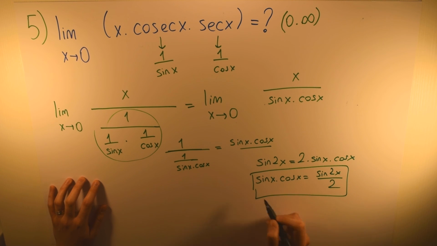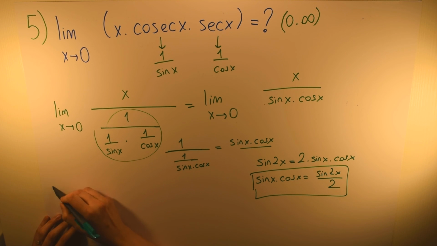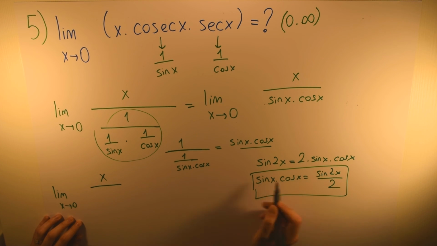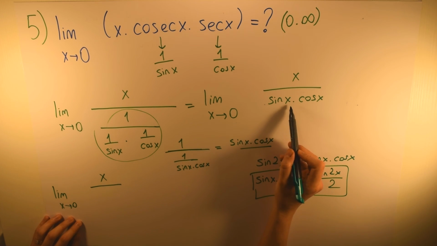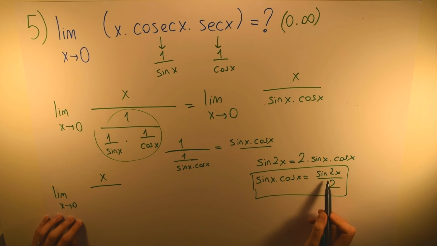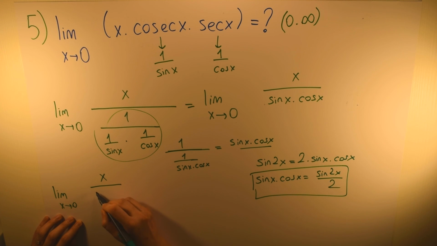So let's use this one. Our limit as x approaches 0, we have x over, and instead of sine x times cosine x, we write sine 2x over 2, okay?